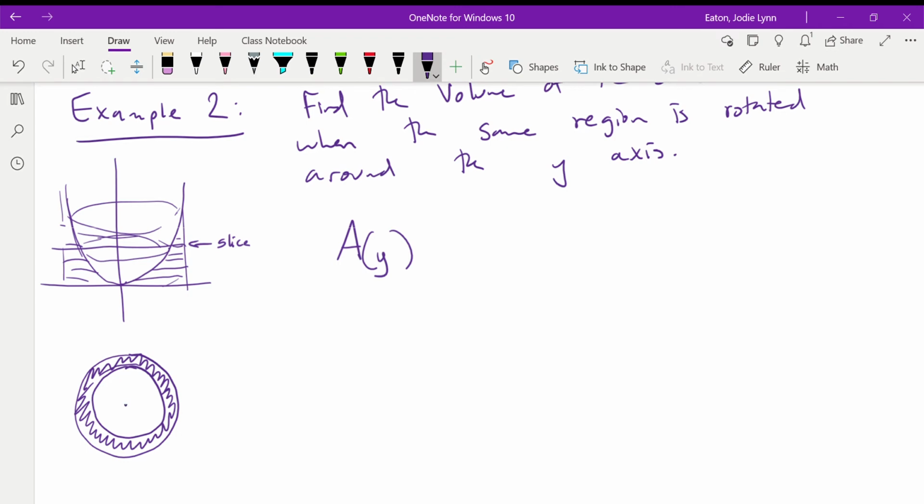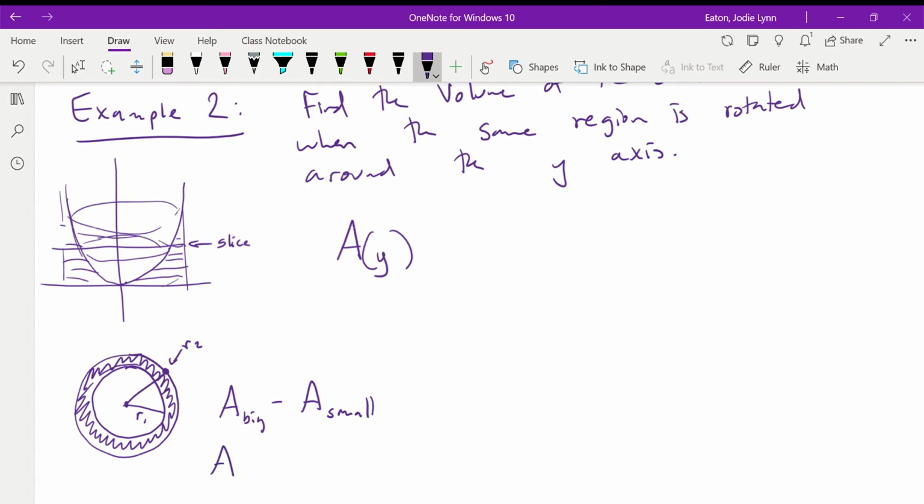If we think of this as two circles, we have the radius all the way to the outside, let's call that R2, and then the radius just to the inside, R1. When we're trying to find the area of a shaded region with two circles, if we think back to Math 8, Math 9, this is equal to the area of the bigger circle minus the area of the smaller circle.